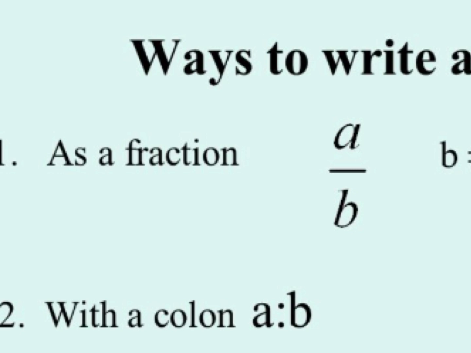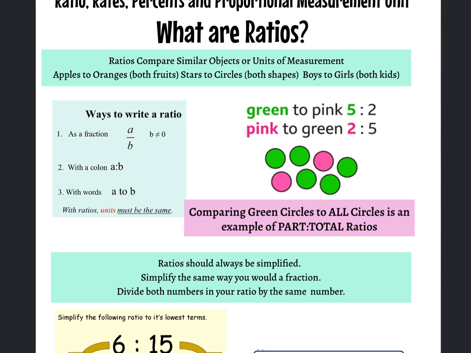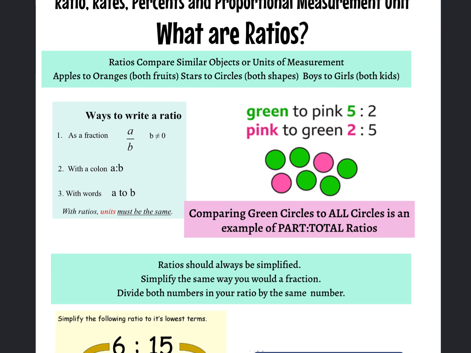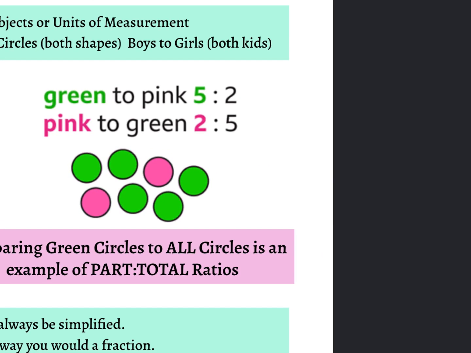So if I were to write it as a fraction, and I was using this example here, where I said green to pink, right? My example would be something like this, right? I would say, oh, okay, it's 5 to 2, right? 5 green circles to 2 pink circles, and that's how you could write it.